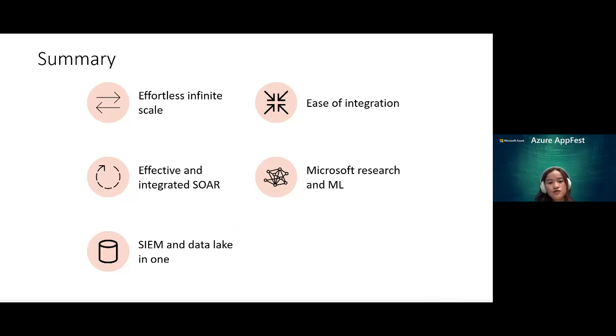Even your external tools, your EDR as well as your other CSPM, your CASBs, everything can be integrated via Sentinel as well. The machine learning piece within Sentinel is also one of the highlights. It reduces noise, reduces alert fatigue, as well as brings about quality insight, which is the key differentiating factor between Sentinel and the traditional SIEM tools out there.